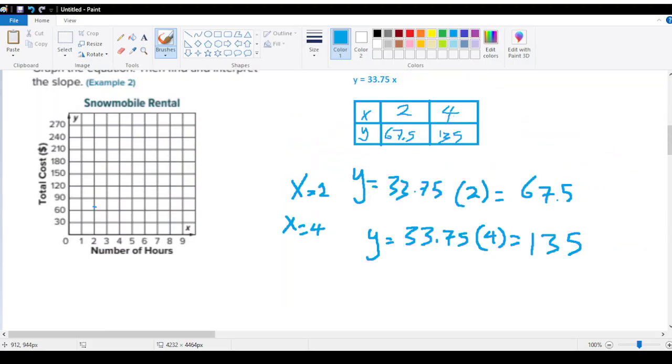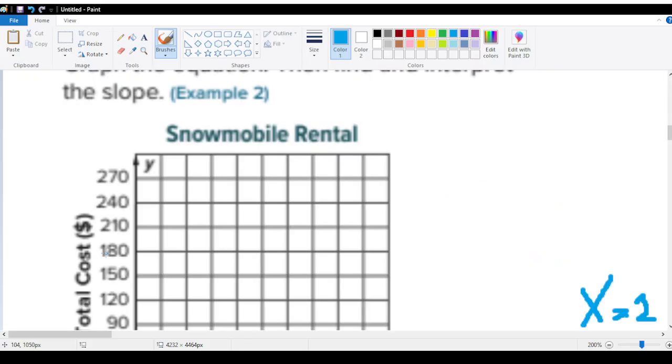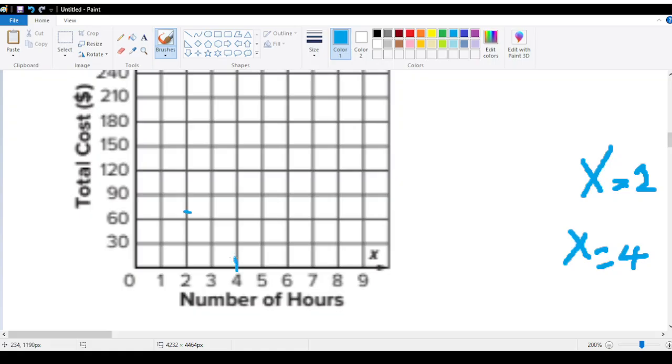Second point, 4 and what? Shamsa, it's written in the table. It's easy. 4 and 135. We go back here: 4 with 135. This is 120 and this is 150.